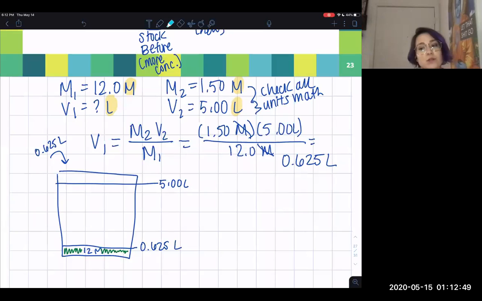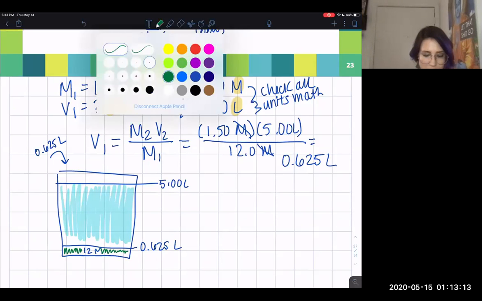Some questions, the hardest we can get is asking you how much water you add. Because you'll put this 0.625 as your answer and be done, because it is very easy. The difference, yeah. You're not going to add 5 liters because you already have some liters in there. This is all the water that you add. You're not adding any substances, you're just adding the water.